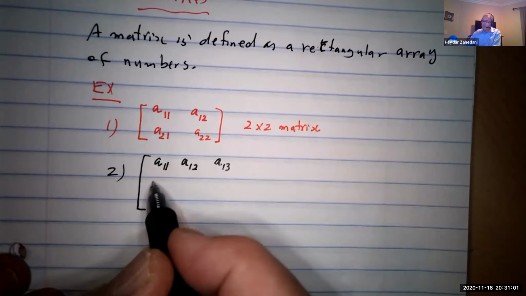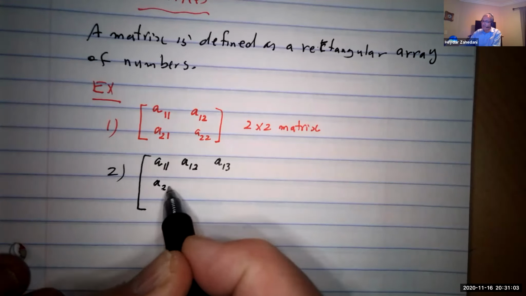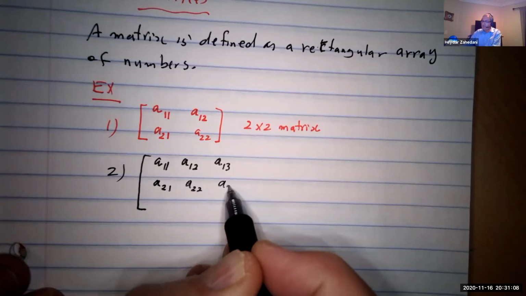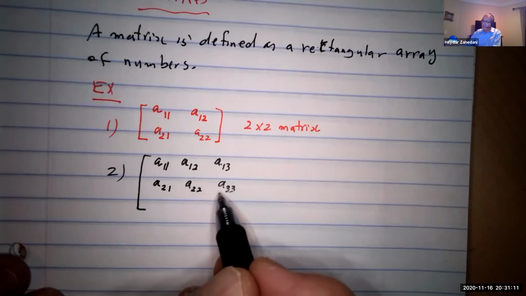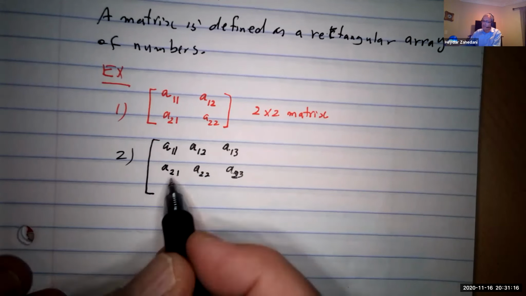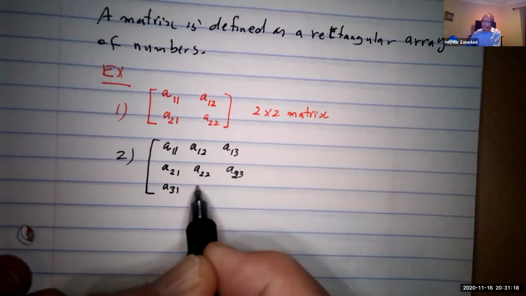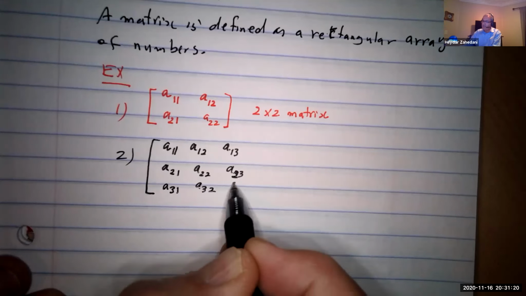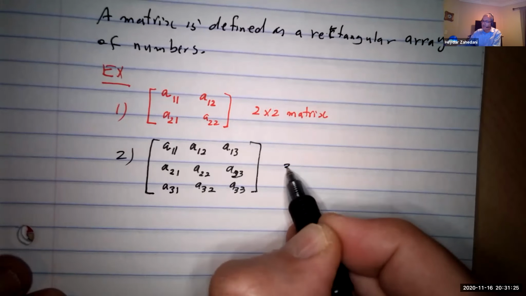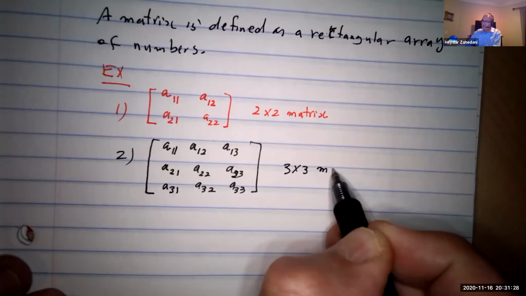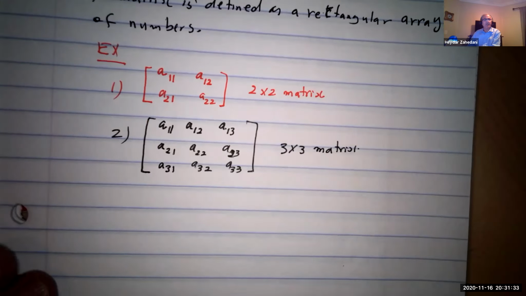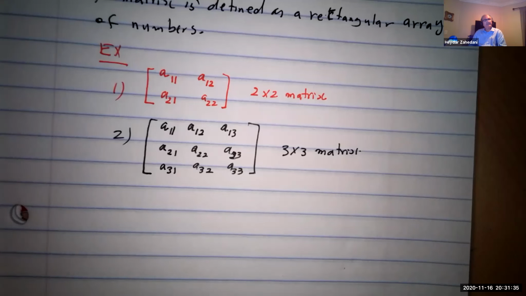The second row is A21, A22, and A23. The third row is A31, A32, and A33. This would generally be a 3 by 3 matrix. These are square matrices. You can have various formats.